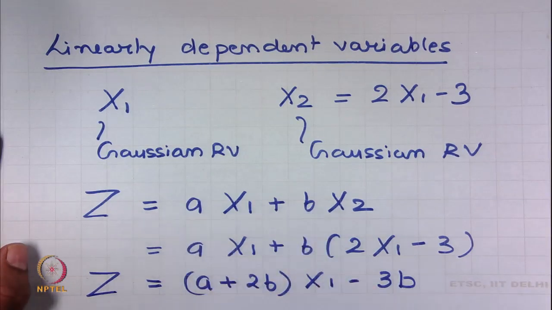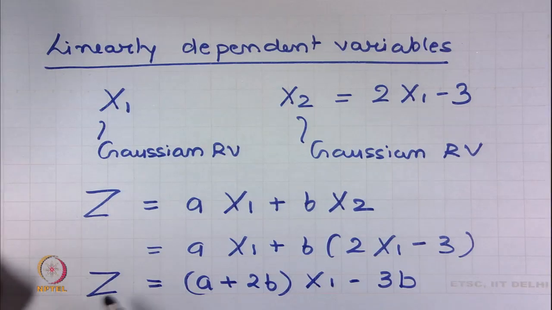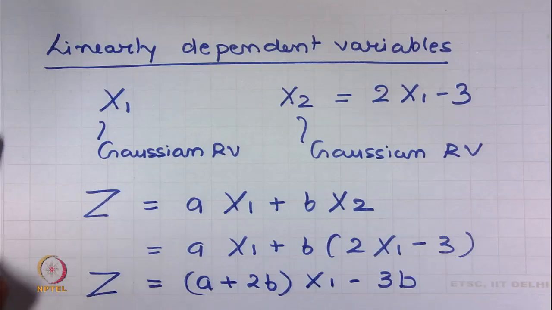For any values of a and b, you can easily appreciate that z is also going to be a Gaussian random variable, because z is a linear function of x1, and we have seen that any linear function of a Gaussian random variable is a Gaussian random variable. So, whatever values of a and b you choose, z is going to be a Gaussian random variable.